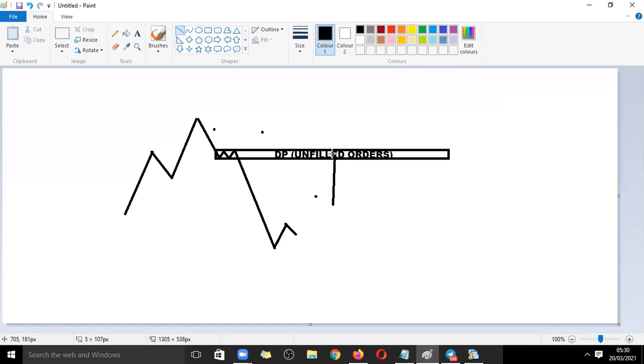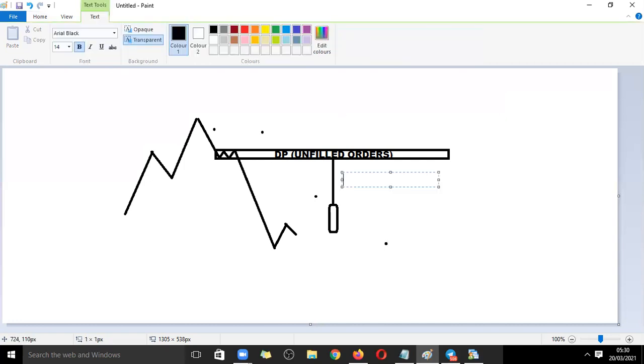So now usually we have what we call our rejection wicks. Something like that. So that will be called our rejection. So price will shoot up quickly and trigger those unfilled orders and then reject.